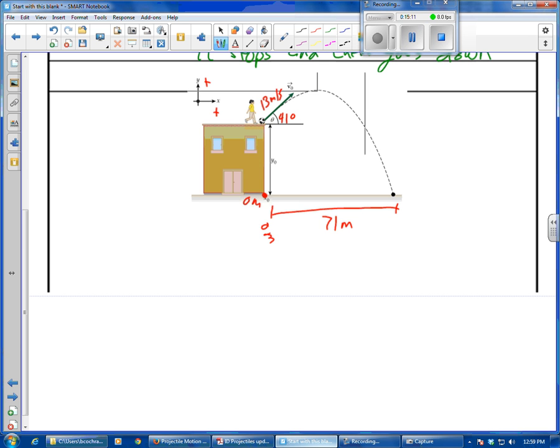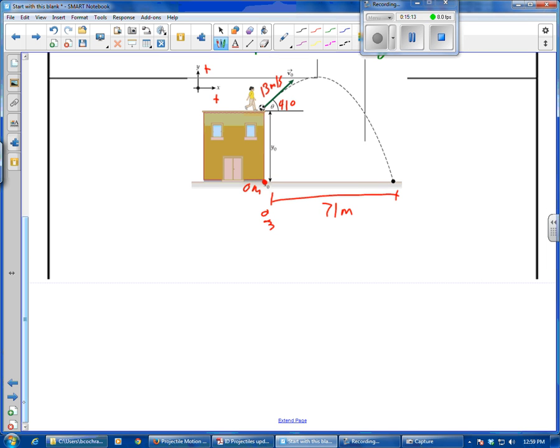So the first thing I need to do is to separate my initial velocity into its horizontal and vertical components. Just out of curiosity, at 41 degrees, which one do I expect to be bigger, my horizontal or my vertical?